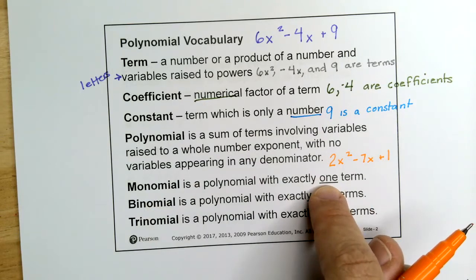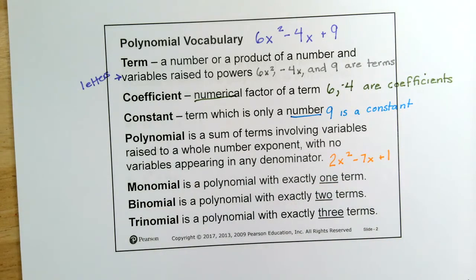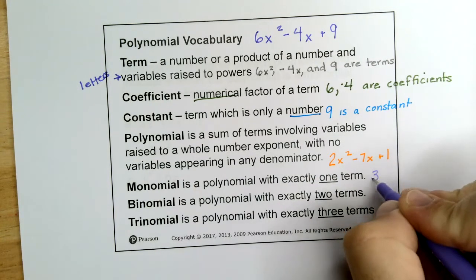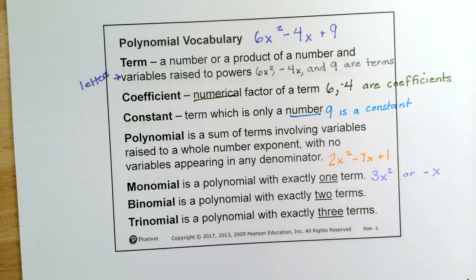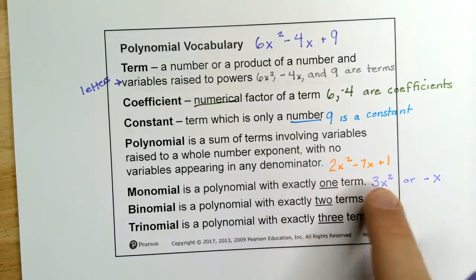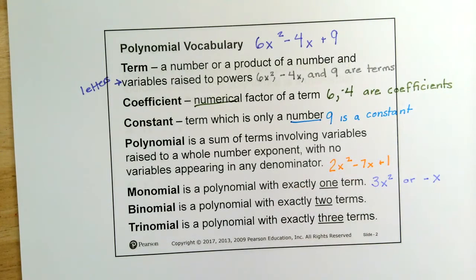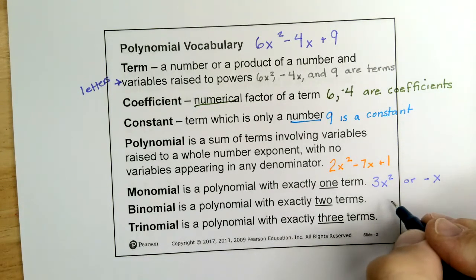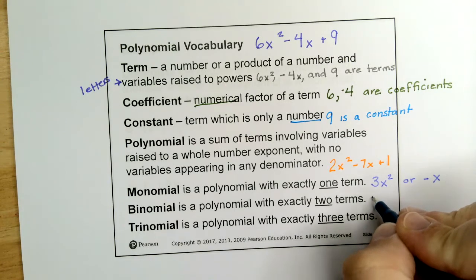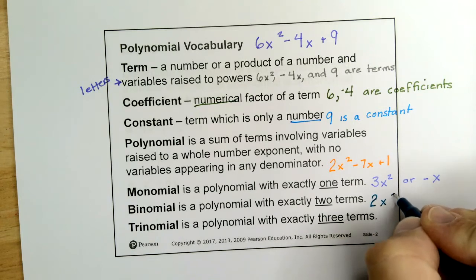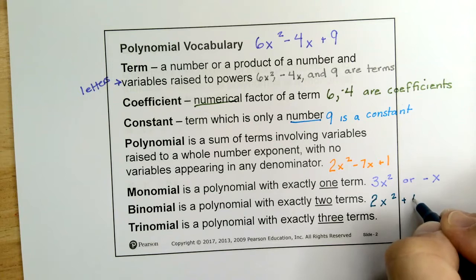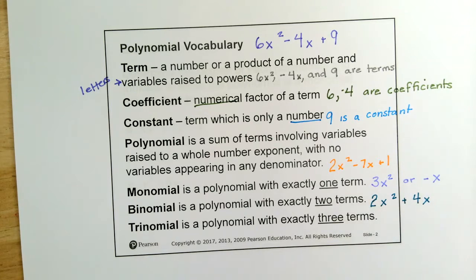A monomial has 1 term. So maybe 3x squared or negative x. Those are monomials. There's only 1 term. A binomial will have 2 terms only. So if we had 2x squared plus 4x, that would be a binomial.